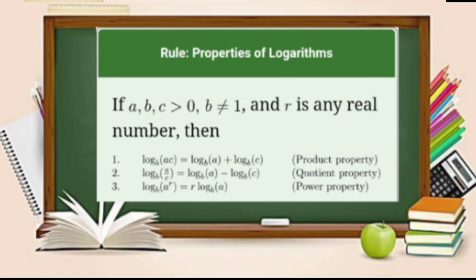Number 2, log_b (A/C) equals log_b A minus log_b C. We call it the quotient property. The last property of logarithm is log_b (A^r) equals r log_b A. This is what we call the power property. So we have three properties: the product property, the quotient property, and also the power property.